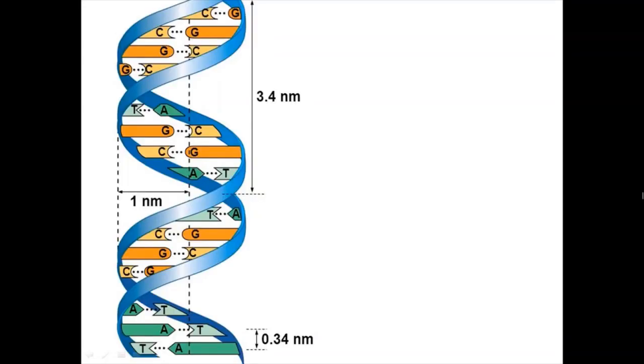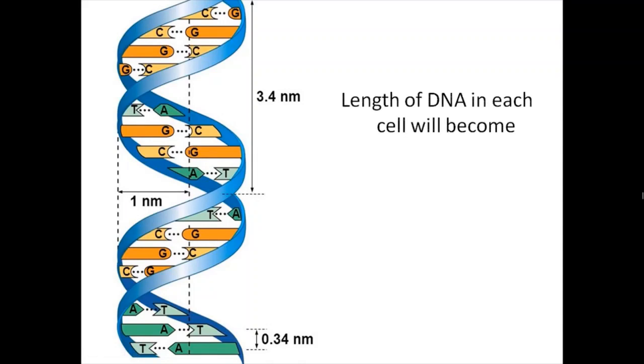We know that the distance between each base pair is 3.4 angstrom, or 0.34 nanometer. Therefore, if we calculate the length of the DNA in each cell, it will become 2 meters. Quite huge when compared to the size of the nucleus in which it must fit.